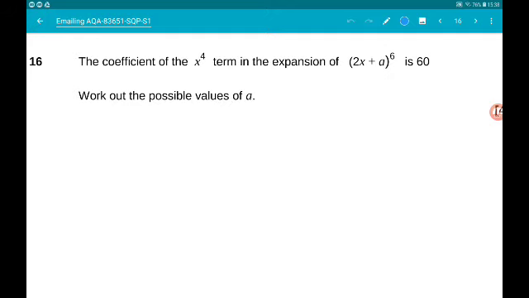So, pretty nasty. We're going to need to use Pascal's triangle, first of all, to find the coefficients of the expansion. So we want the 6th row.